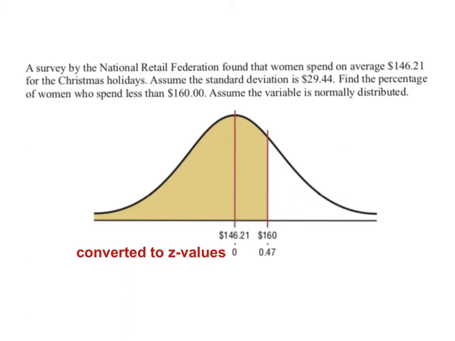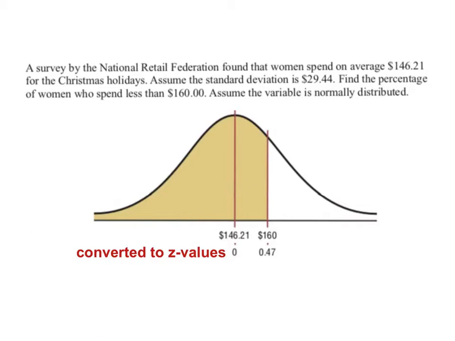So if I convert those to z values, the mean is going to be 0. I could look up 0.47 in table E and it would tell me the percent to the left. Instead, we can just use our calculator to type it all in.